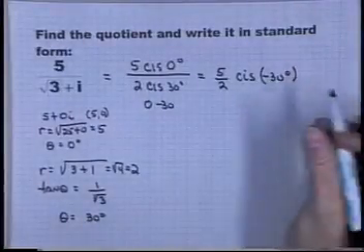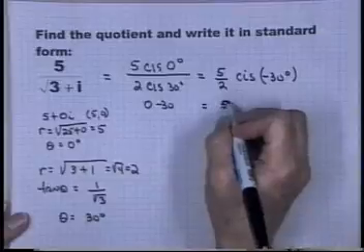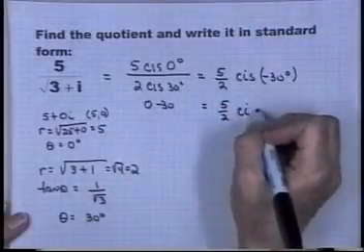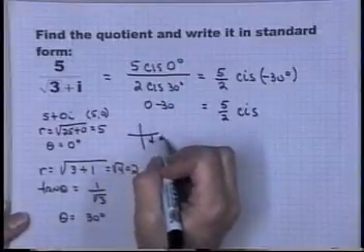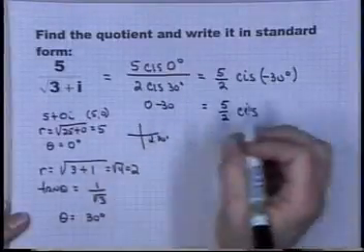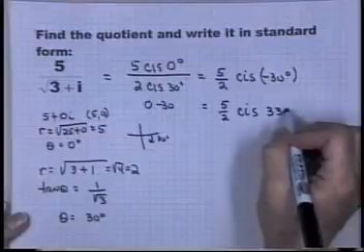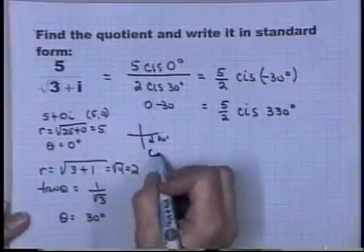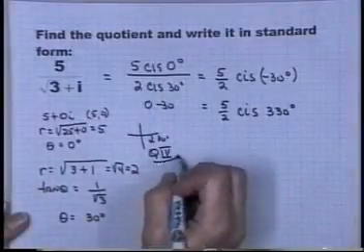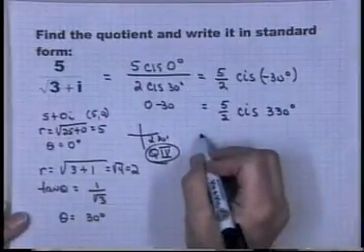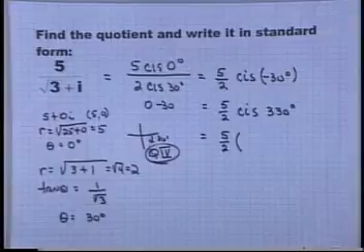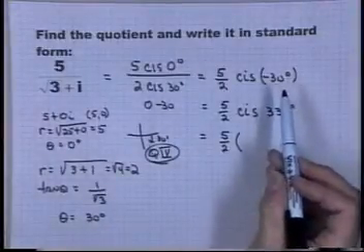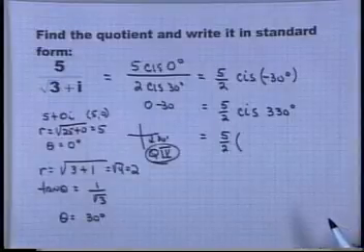Okay? Now, if I'm going to leave this in trig form, I'm going to convert that from a negative angle to a positive. So negative 30 is going to be the same thing as what? 330 degrees. The main thing, though, because I'm going to go back to standard form, is I'm in quadrant 4. So in quadrant 4, the cosine is what? Positive, isn't it? So basically my reference angle, notice, is 30 degrees.